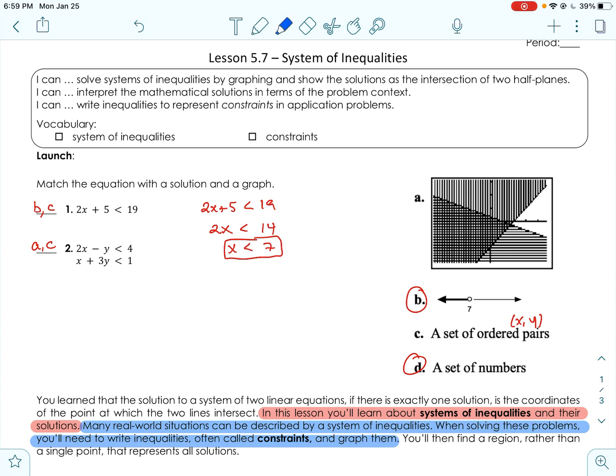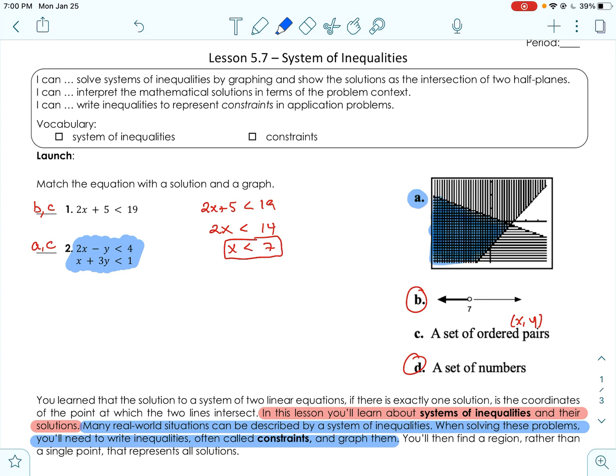Now this is actually a system of linear inequalities, which is what we're going to talk about today in terms of solving them and finding their solution. So what you can see here is that on the graph A, both of these inequalities are graphed, and there is a place on the graph where the two shaded regions for these inequalities intersect.